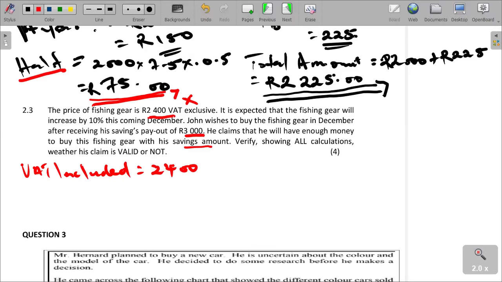Our value added tax is 115%. Value added tax, which is 115%, we multiply by 115%. As you do that, it can give us an increase.